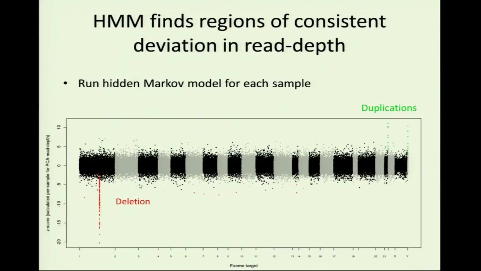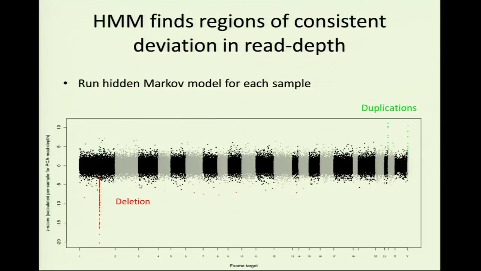So what does it actually look like when you run the data? You have some normalized read depth data, and that's what's plotted here: genomic coordinates, or actually exons, on the x-axis, and normalized read depth on the y-axis. These are z-scores, which we use in practice. If you have a deletion, you'll have lots of consistent dots clustered very tightly.